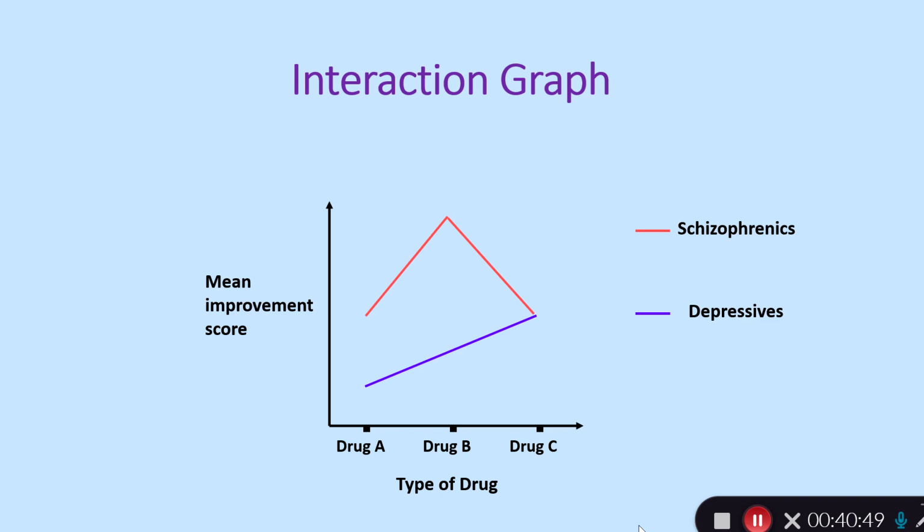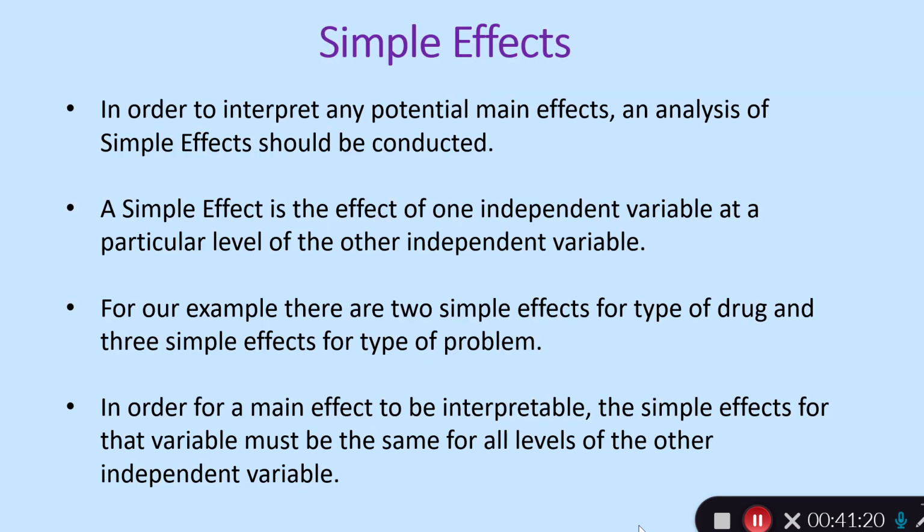There isn't a crossover here, but I've chosen an edge case where we've got potentially significant differences on two of the drugs, but not on a third drug. So potentially significant differences on drug A and B, but not on drug C. That would mean that we couldn't really interpret the main effects. But what we're going to do is a suite of simple effects, yeah.